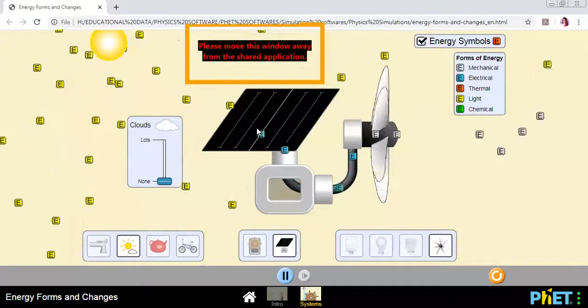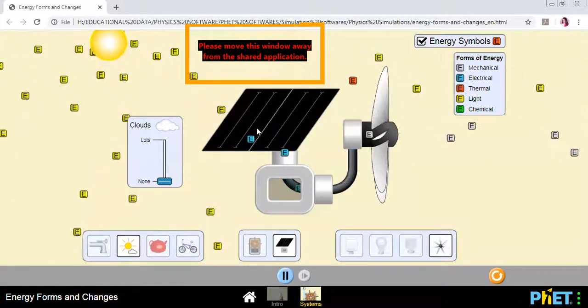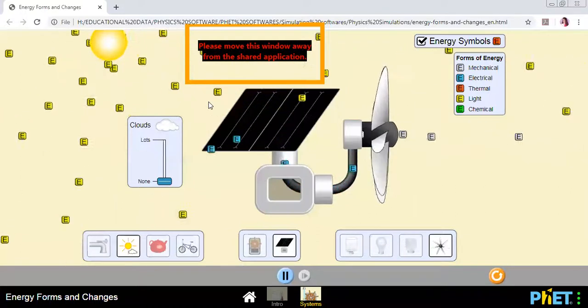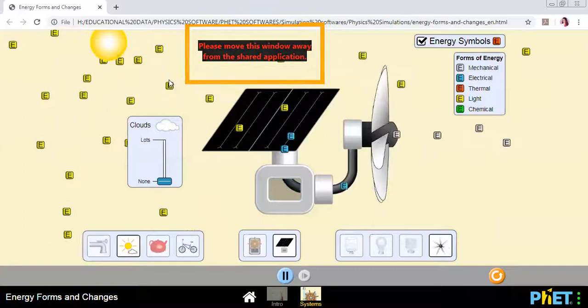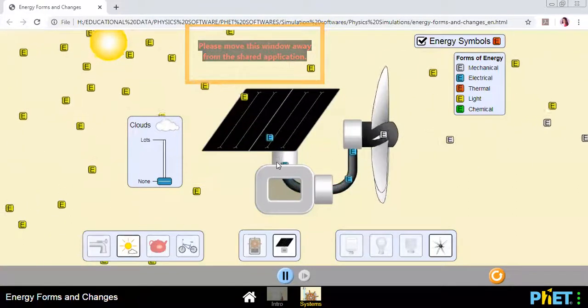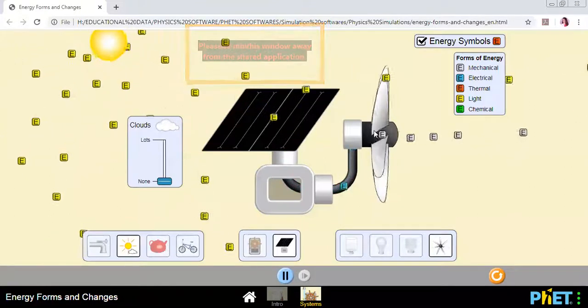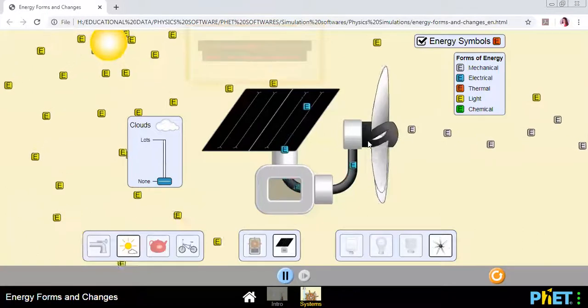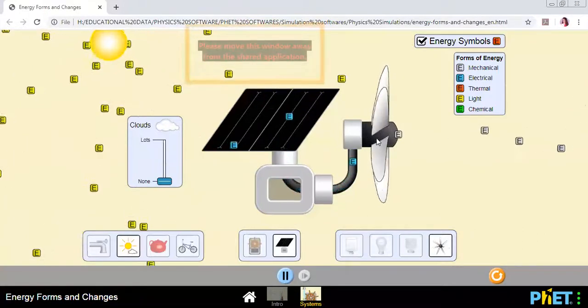This mechanism is the functioning of a solar cell. So please write down: solar cells, how they work. They convert light energy into electrical energy.